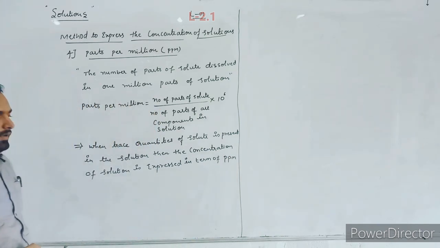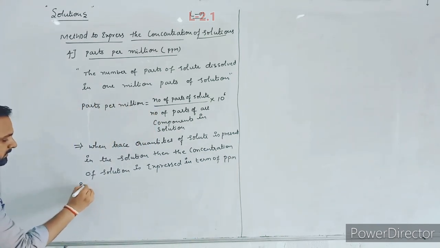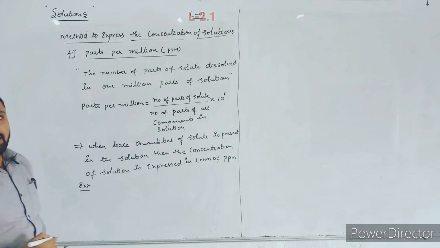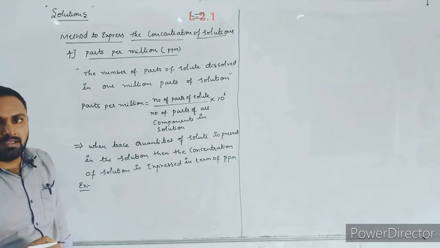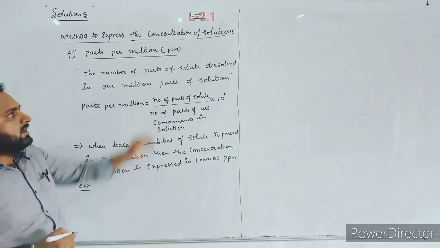Now let us see one example. The concentration of pollutants in water or atmosphere is expressed in terms of ppm.